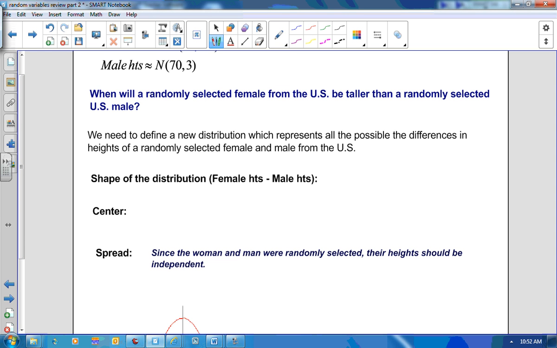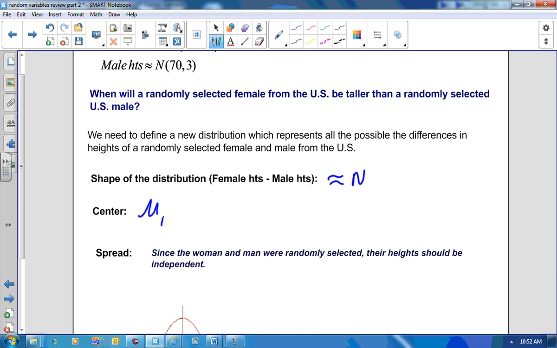What is the shape of the new distribution? Well, it's going to be approximately normally distributed because we were told that the distribution of female heights was approximately normally distributed as well as the distribution of male heights, so their difference should be approximately normally distributed. Where's the center going to be?